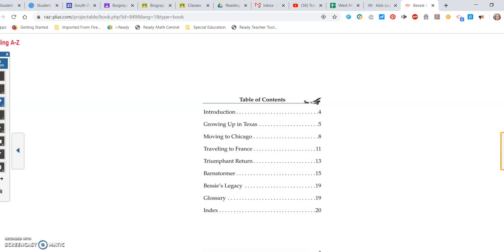She had the determination to become a pilot, and so you'll learn a little bit about that as we go through this text. I will not read everything to you, but we will look at some important points to be able to see what she did and how this author used transition words to help us understand what we're reading.